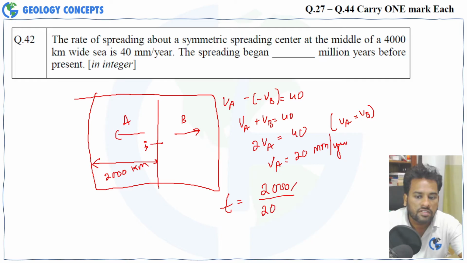You have to convert the distance into millimeters: 1000 kilometers multiplied by 1000 is meters, multiplied by 1000 again is millimeters. So this is 20 millimeters per year, and I'll get the answer in years. So this cancels, this cancels, and it is 100 into 10 to the power 6. In million years, it is 100 million years. So spreading began 100 million years before the present.